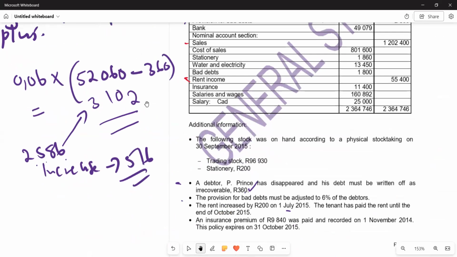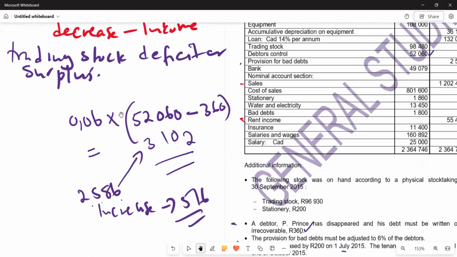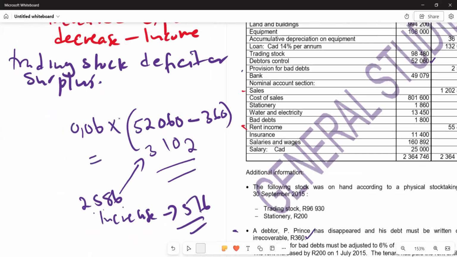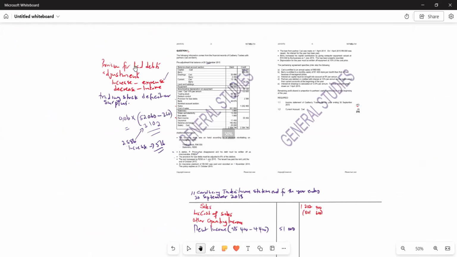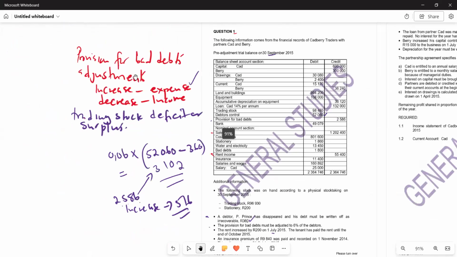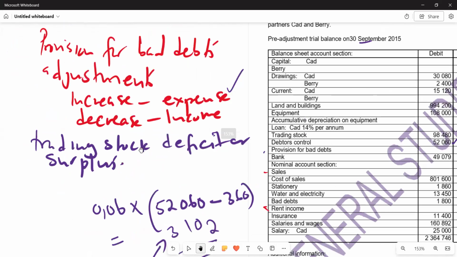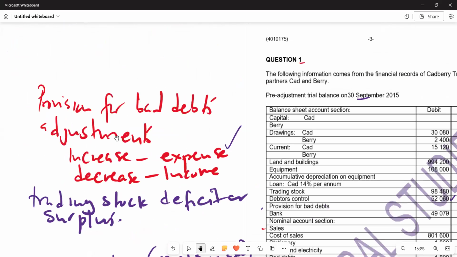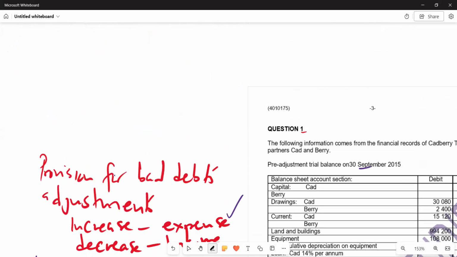The other one that we want to check is the trading stock deficit or surplus. The formula that we are going to use for trading stock deficit or surplus, let's just create some space, is book value minus physical stock count figure.